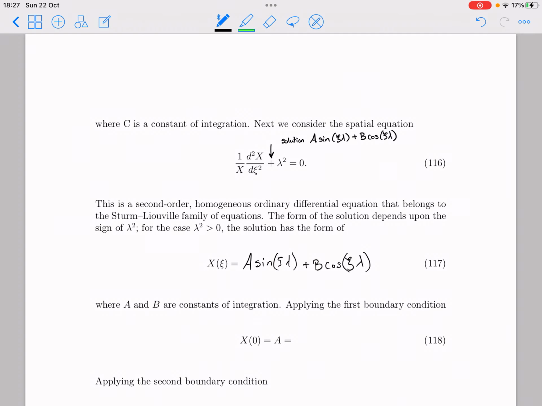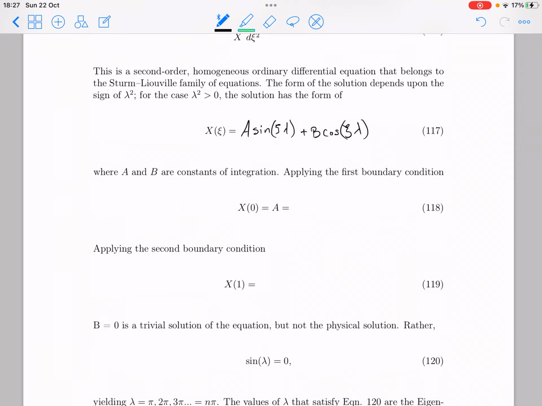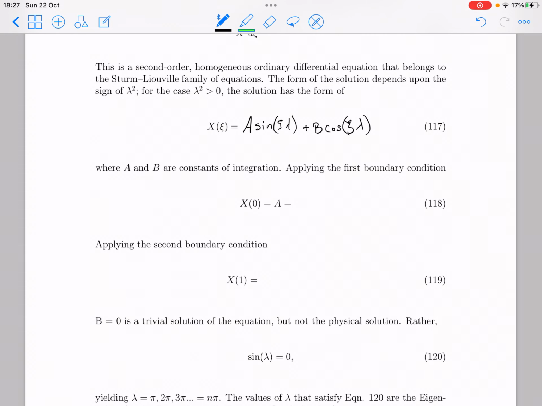And I promised y'all that what we were going to do was apply our boundary conditions. So as you remember, our first boundary condition is that at a position xi equal to 0, X is equal to 0. Simple. We love those zeros, don't we? All right, so if we plug that in, we get that X of 0 equals A sine of 0.